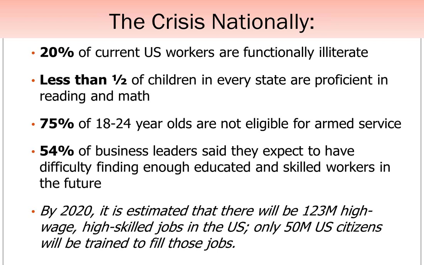And many of our business leaders share this notion that we don't believe we're going to have an educated and skilled workforce. You know, there's something like 76 million baby boomers that are going to hit retirement age, the youngest of the baby boomers, by 2018.